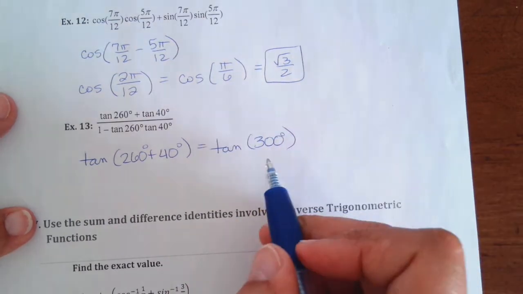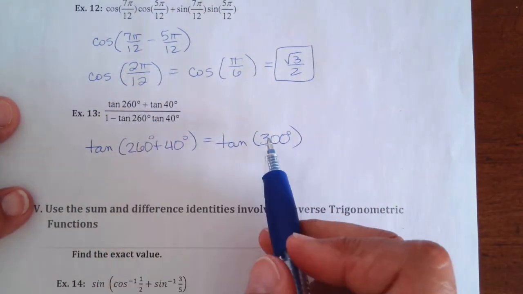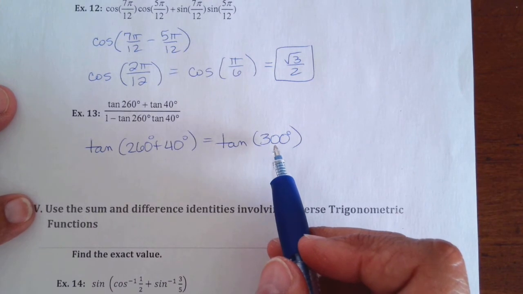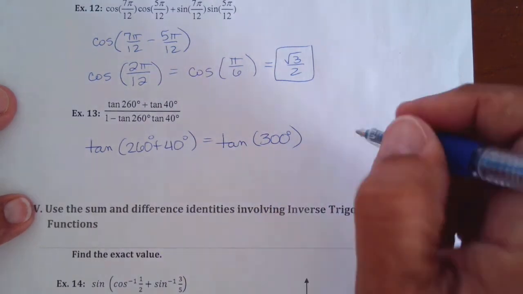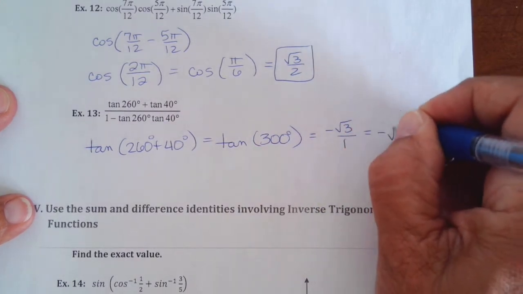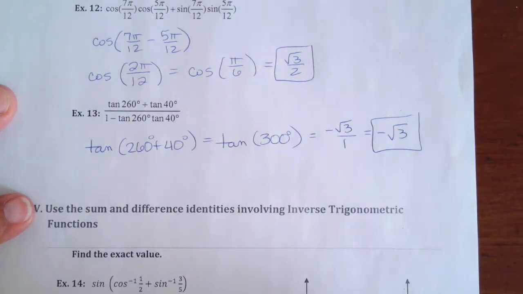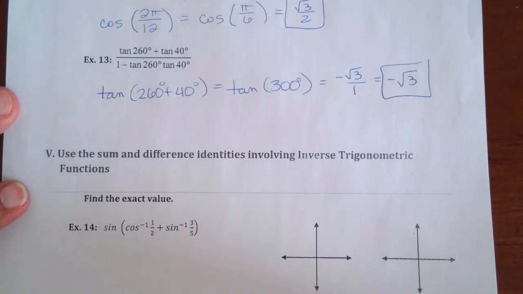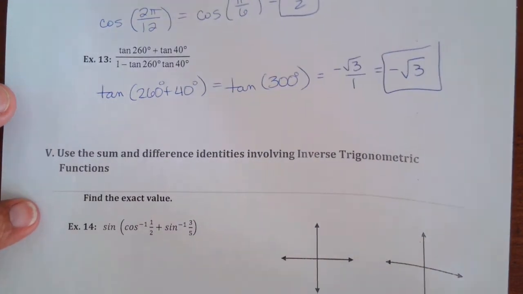That is on the unit circle, whereas these were not. So go to 300 degrees, that's in the fourth quadrant. Tangent is y over x, so that's negative square root of 3 over 1, which is negative square root of 3. Okay? So that's going the other way. I kind of call that condensing, but you're going the other way.